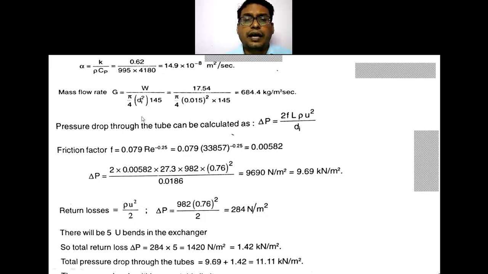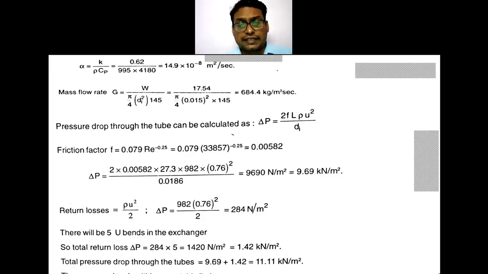And then for the delta P calculation, this friction factor 0.0582, then length and the velocity upon the diameter is to be used. So the pressure drop will be calculated.